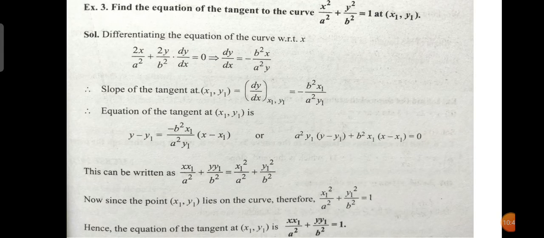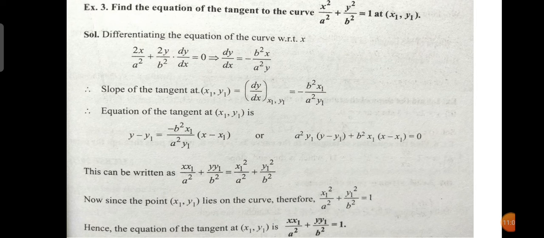And find the equation of the tangent, next question, to the curve x square by a square plus y square by b square is equal to 1 at x1, y1. First you have to find the derivative of the given curve with respect to x. What is that?